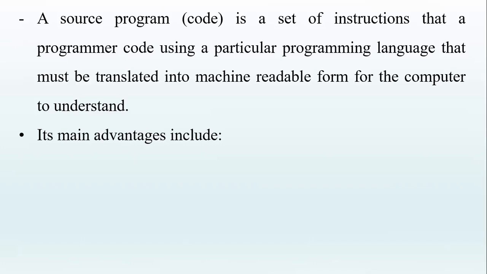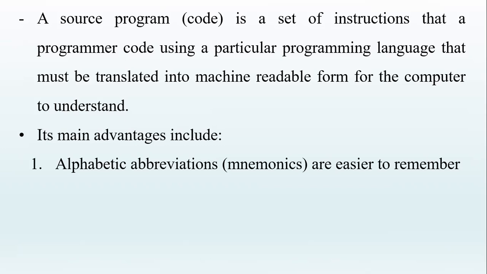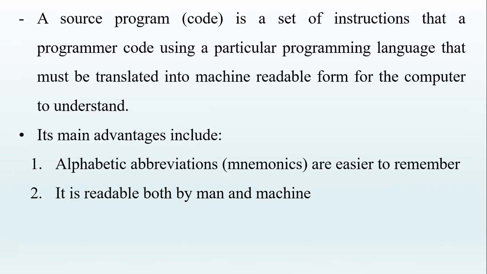The main advantages of the assembly language or second generation languages include: number one, alphabetic abbreviations or mnemonics are easier to remember than purely zeros and ones. Number two, it is readable both by man and machine.